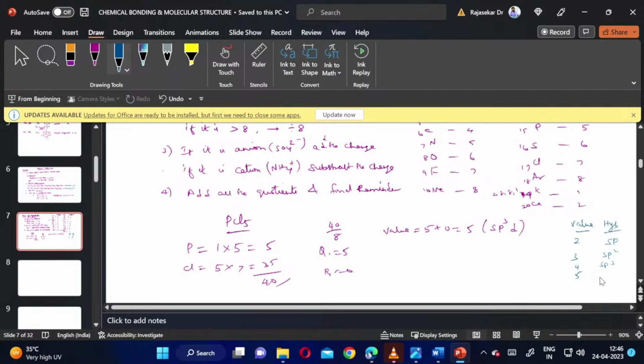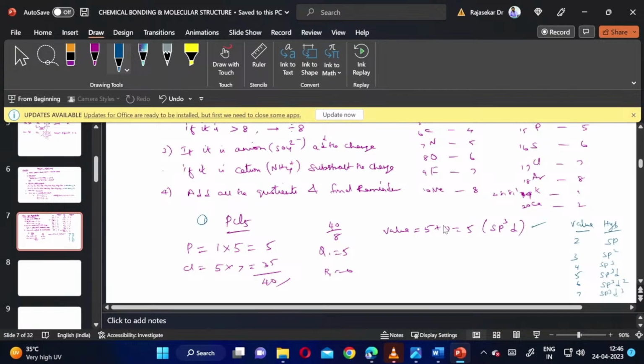If 5, sp3d. If 6, sp3d2. If 7, sp3d3. Keep this in mind. Now we got the value 5, so it is sp3d hybridization. Are you following? That was the first example.